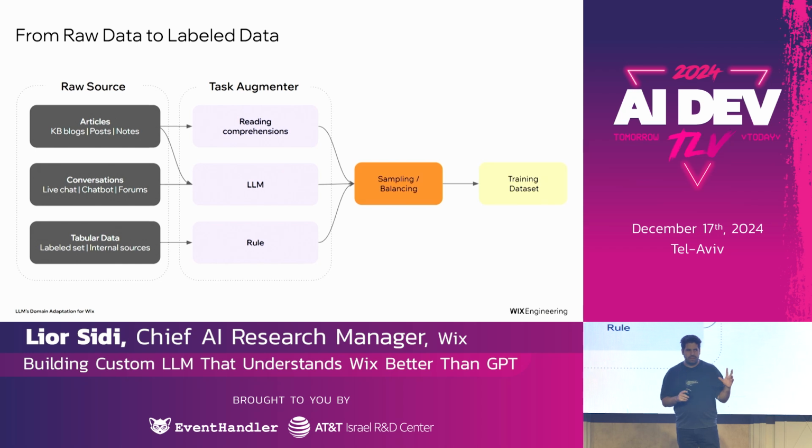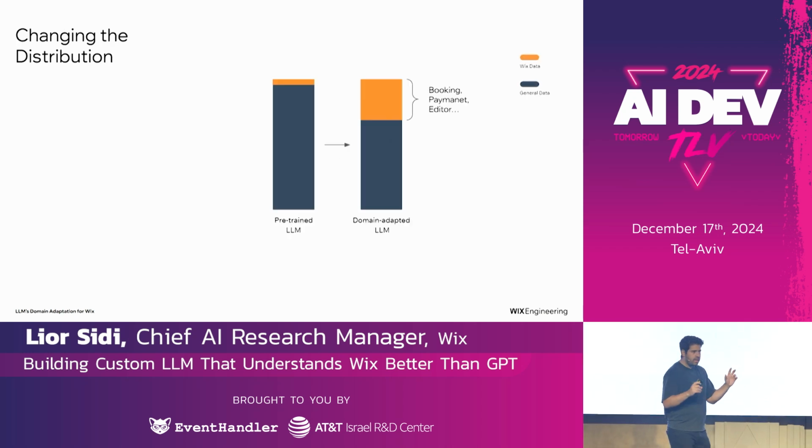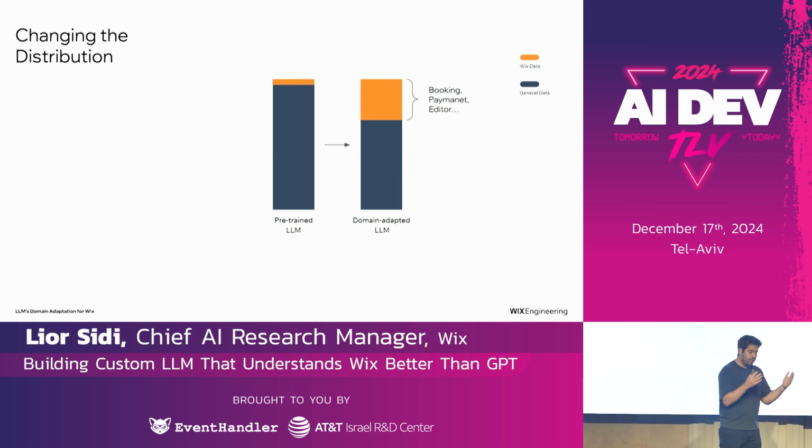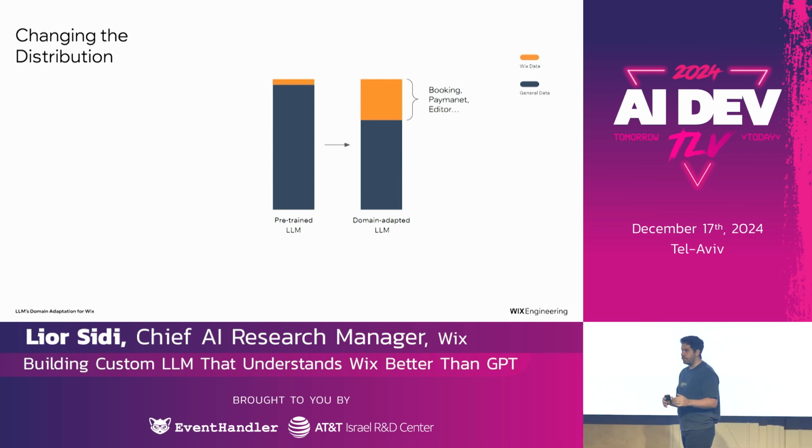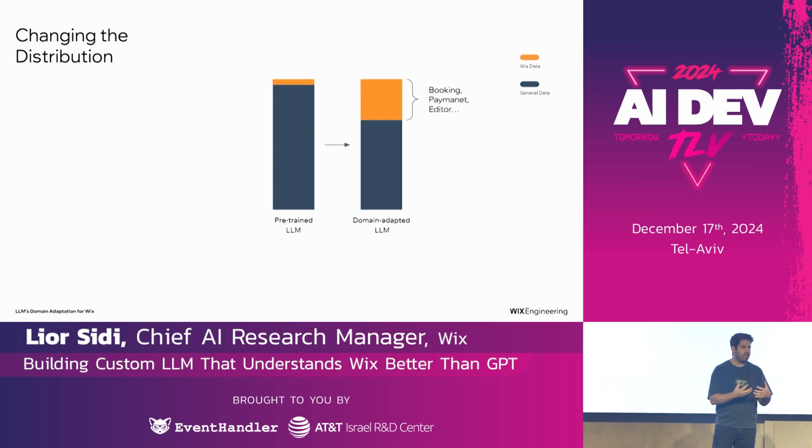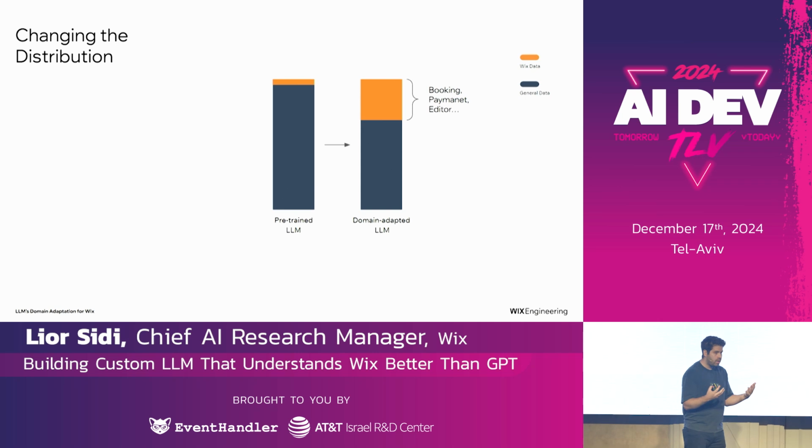If beforehand the pre-trained LLM had very minor information on our domain, let's say Wix, we just want to increase this portion by some degree, not necessarily have the new model know only about Wix, because then we get catastrophic forgetfulness of the model. We still want the model to contain some general understanding about the world. We just want to increase the ratio of our domain. Makes sense, right?